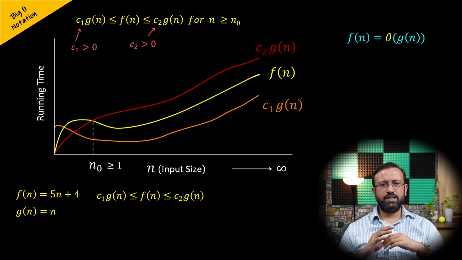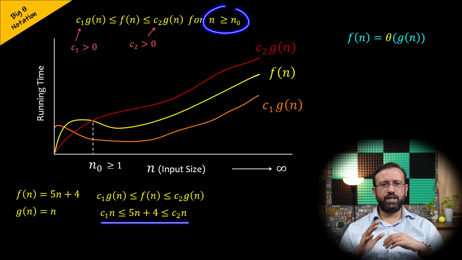That is, in this case, c1 multiplied by n is less than or equal to 5n plus 4 and c2 multiplied by n is greater than or equal to 5n plus 4 for every integer n greater than or equal to n0. Now, since n is greater than or equal to n0 and n0 must be greater than or equal to 1, therefore, n must be greater than or equal to 1.